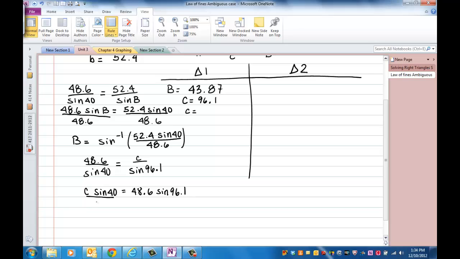Get side C by itself. And side C comes out to be 75.2.